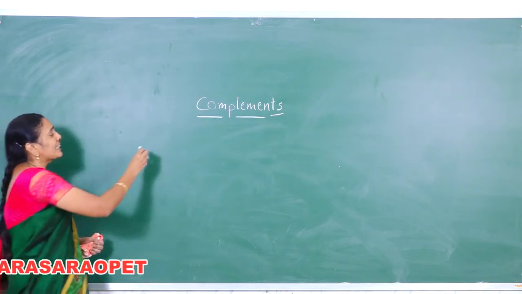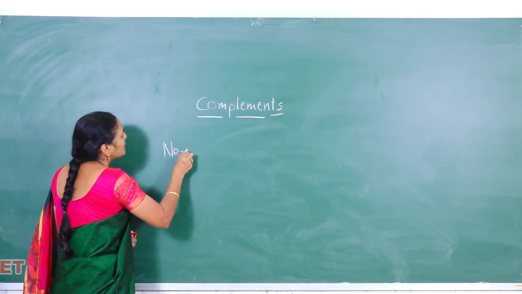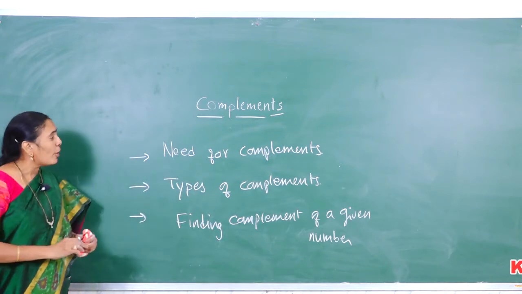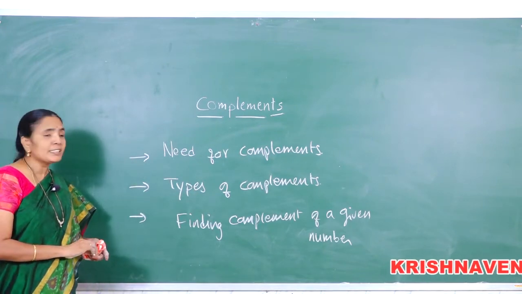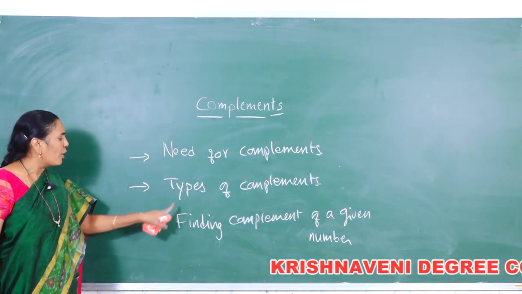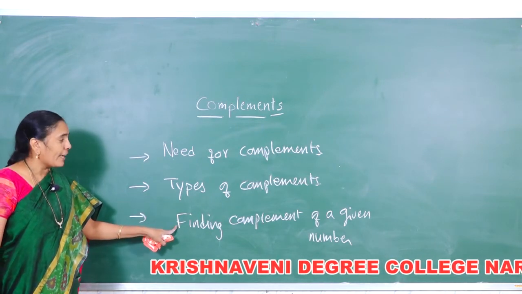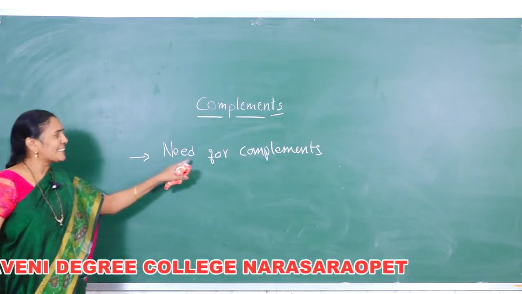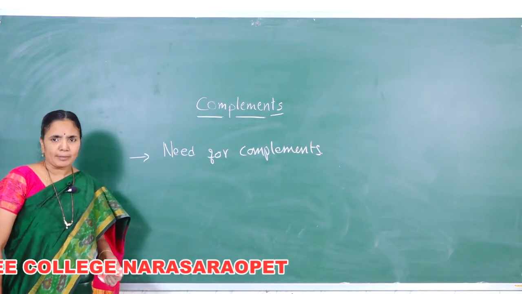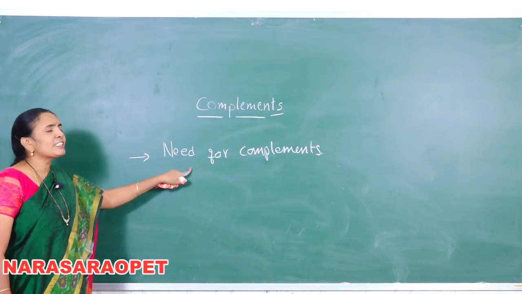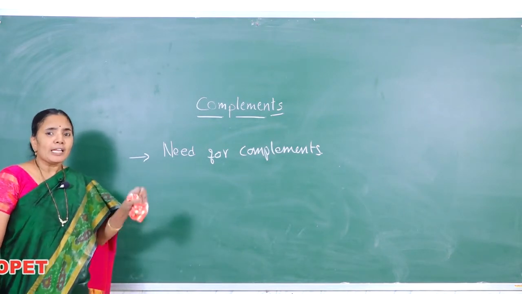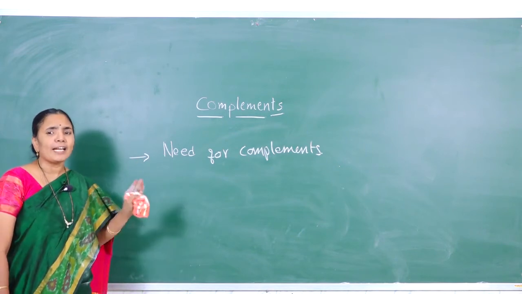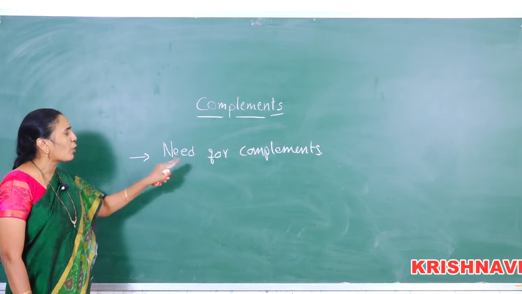First, let us discuss the need for complements. Under the topic complements, we are going to discuss the need for complements, the types of complements, and how to find the complement of a given number. Now, let us see the need for complement. In the previous discussion, we said that having 4 different circuits for 4 arithmetic operations becomes costlier.